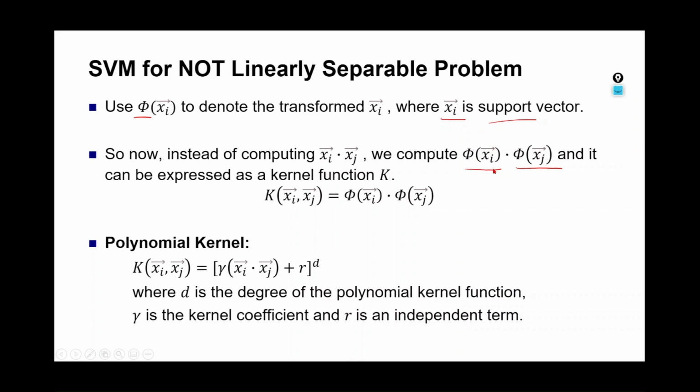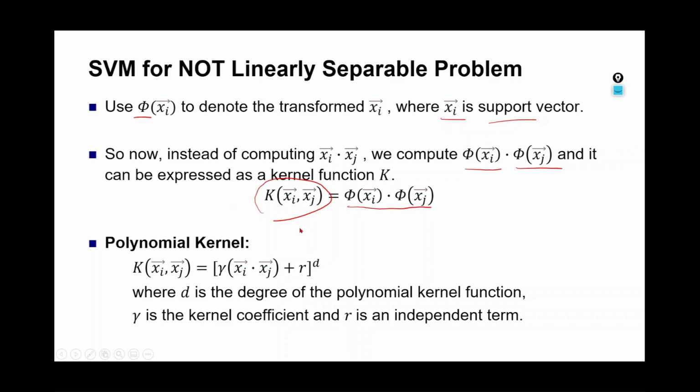We use a function to transform it, and it can be expressed as a kernel function, this k. You can clearly see this dot product depends only on xi and xj, so they are the so-called independent variables, and we use k to denote this kernel function, with xi and xj as its arguments.